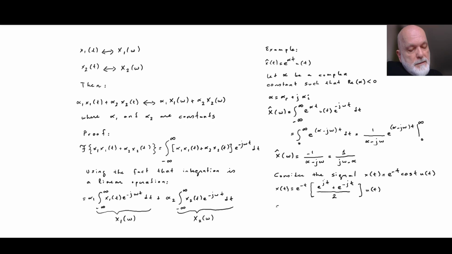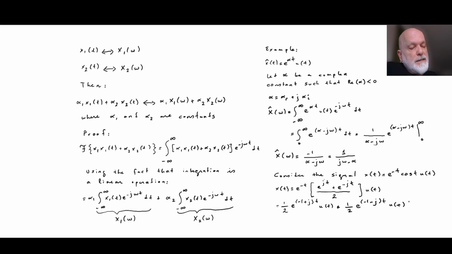So this can be written as 1 over 2 e to minus 1 plus j t, u of t, plus 1 over 2 e to minus 1 minus j t, u of t.